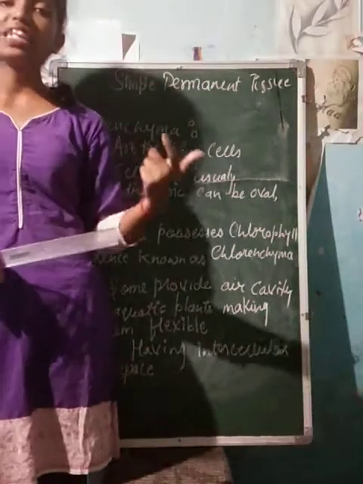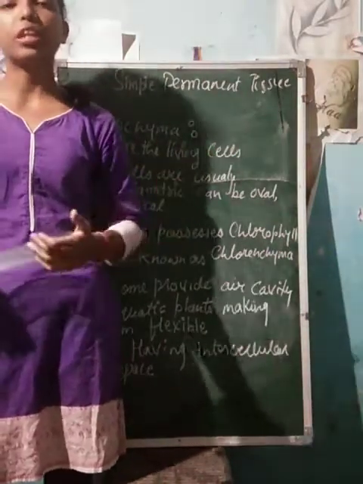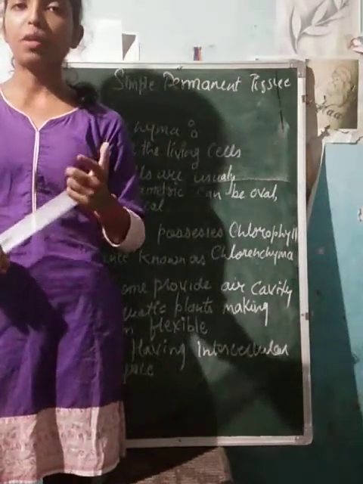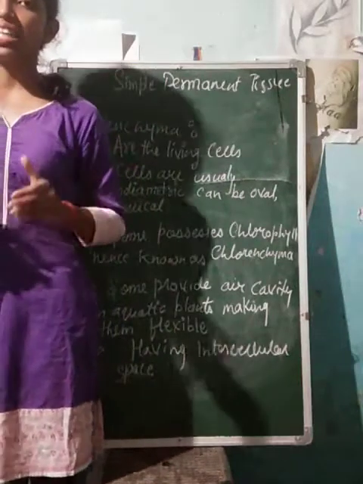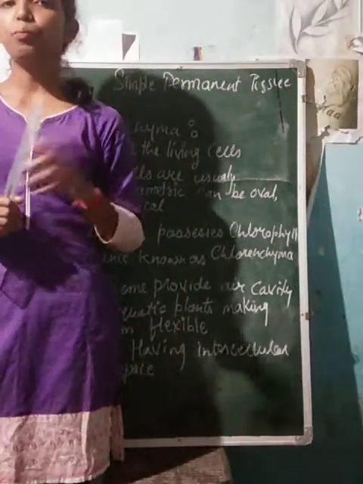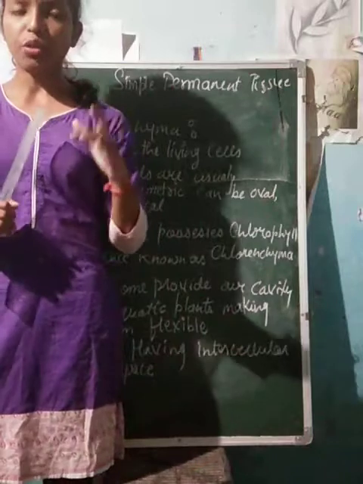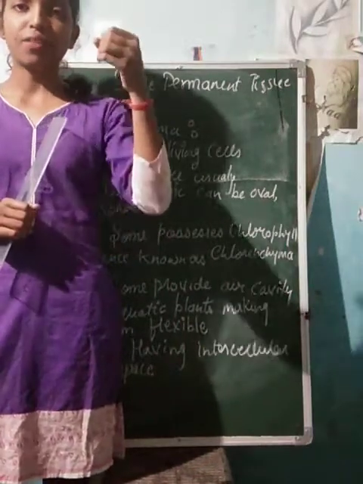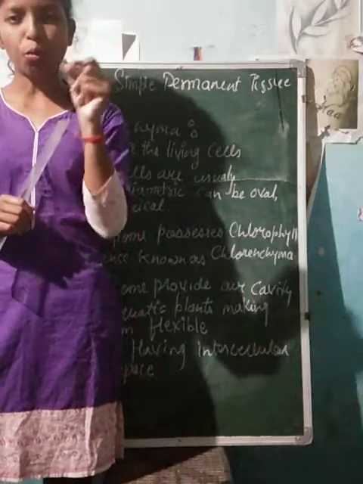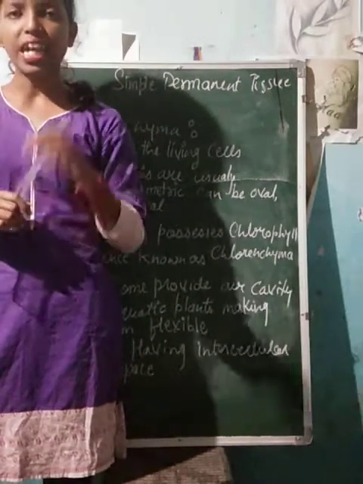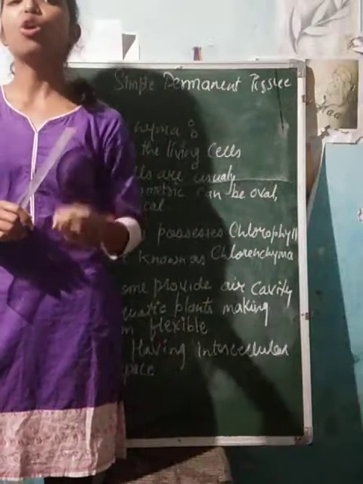So here the parenchyma's name will be converted into chlorenchyma due to the presence of chlorophyll. Okay, some of the parenchyma is present in most of the aquatic plants. You would have seen the lotus plant that has a soft tendril stem with so many pores inside, air cavities present within the wall of the stem.